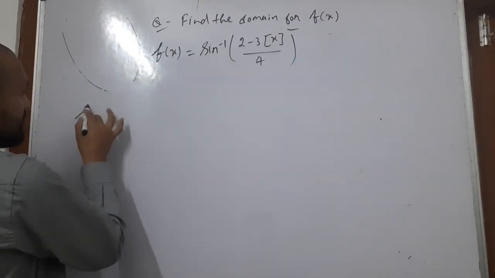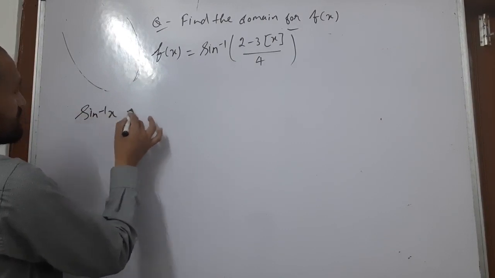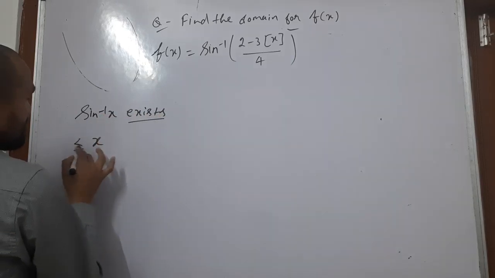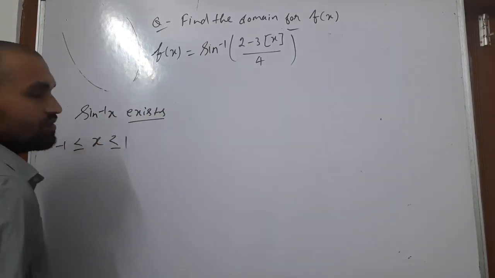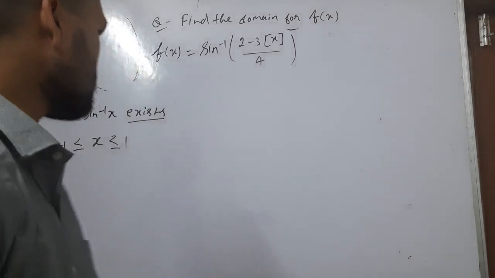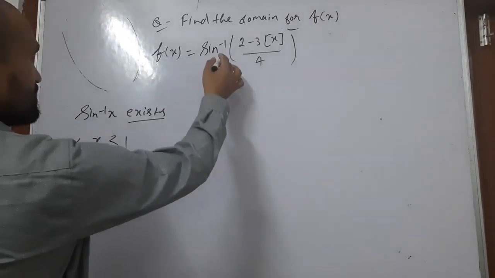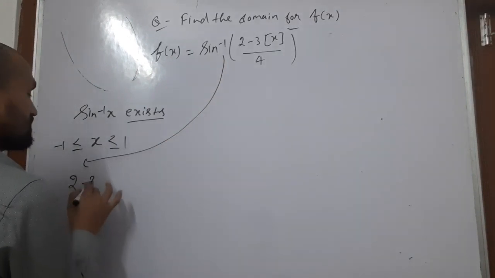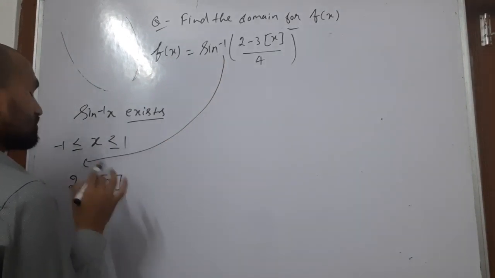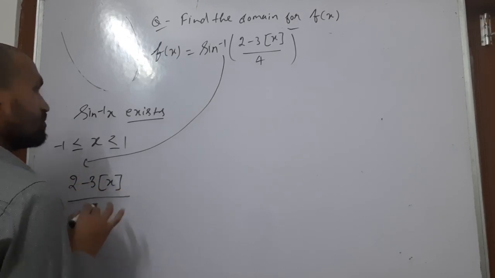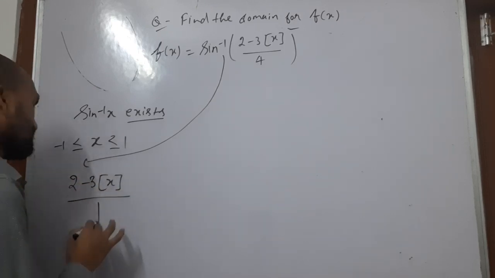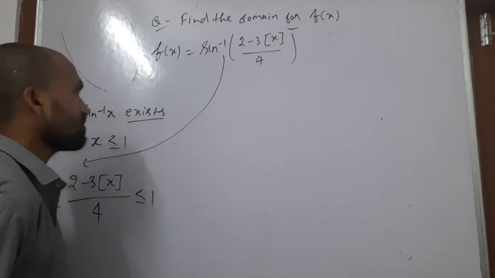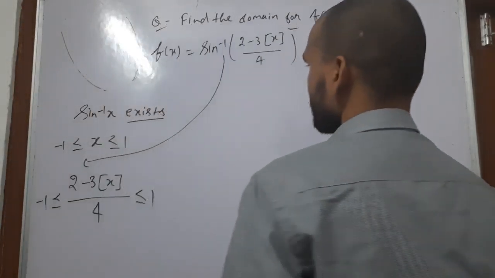We know that sin inverse x exists when x is greater than or equal to -1 and less than or equal to 1. Okay friends, so this function will exist when (2 minus 3 times the greatest integer x) divided by 4 is greater than or equal to -1 and less than or equal to 1.